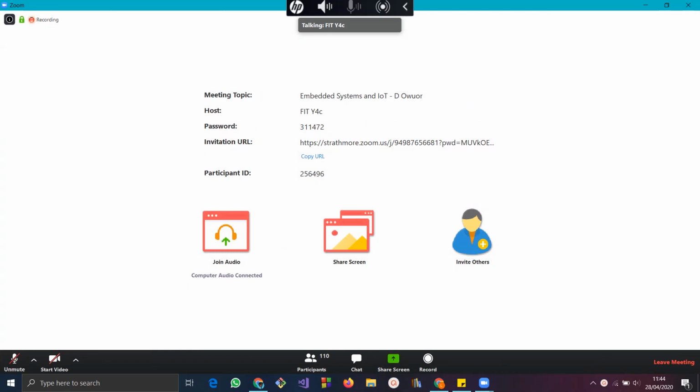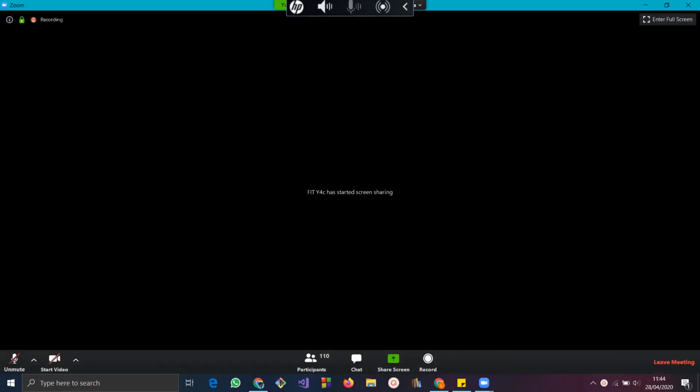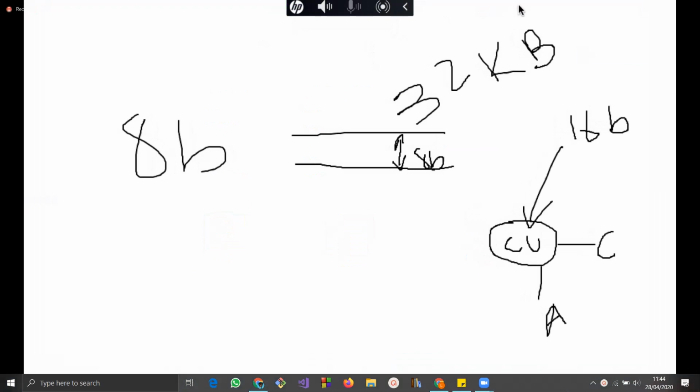For example, if you have this as your node, the first option is that it can only have one sensor or one actuator.